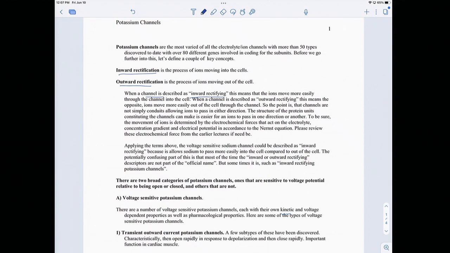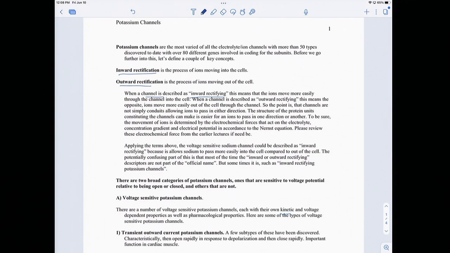I just said we had a wide diversity of potassium channels. In some of these potassium channels, it is easier for the potassium to flow into the cell from outside, and in some of the potassium channels, it's easier to flow the other direction.